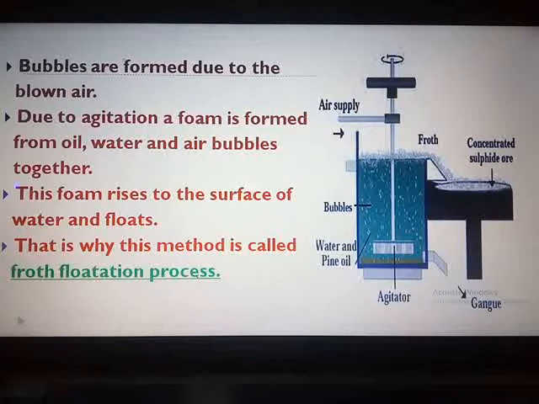Now particles of certain sulfide ore float with the foam on the water as they get wetted by the oil, and hence this method is used for the concentration of zinc blende and copper pyrite. So this is one of the methods which is used as a separation method.